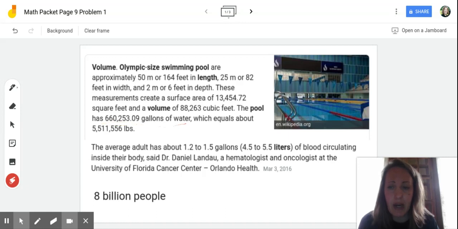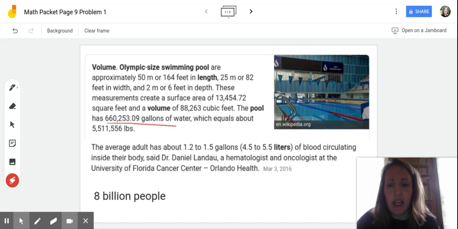660,000 gallons about, right? Then it says the average adult has roughly 1.5 gallons of blood. I'm going to go with gallons here because I have to have units.